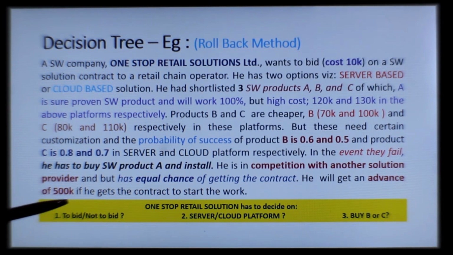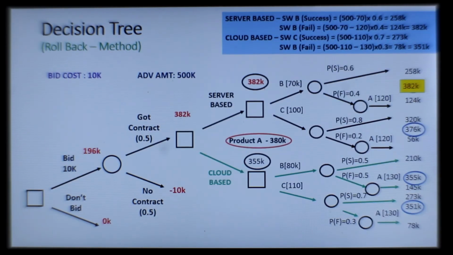And if it wins the contract, it gets an advance of 500K to start with. So under this situation, we will explore how this multi-stage decision tree looks. This is how it looks. The course of action, bid or not to bid, and getting the contract or no contract, is a state of nature.